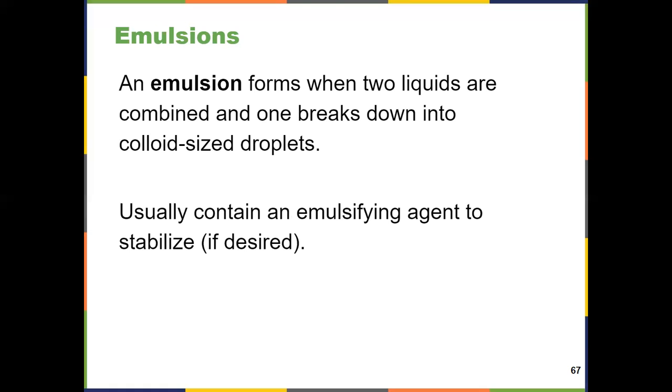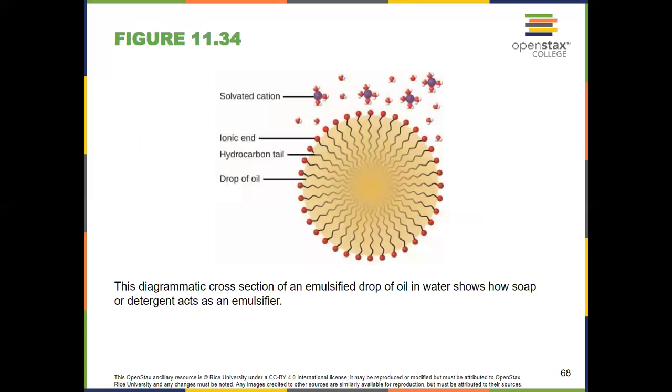We use something known as an emulsifying agent to stabilize an emulsion if it's desired, which is what's going on when you wash your hands or use soap. Soap itself is an emulsifying agent. It takes all the dirt and grime and everything else on your hands, and it doesn't matter what it is.